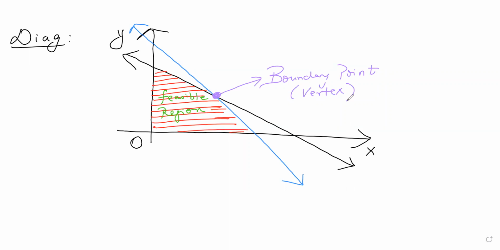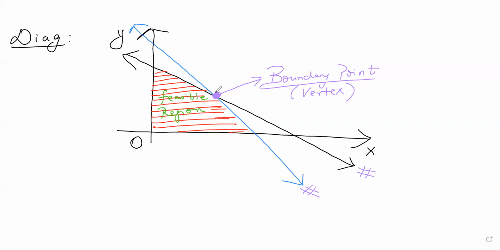It's the point of intersection of two boundary lines. One is the black boundary line, another one is the blue boundary line. So when both these boundary lines intersect, the point of intersection is the boundary point. So the theorem is telling us what? The maxima or the minima of the objective function must occur at the boundary point. That means at this particular point, the function will either have a maxima or a minima. This is what theorem 1 was telling us.